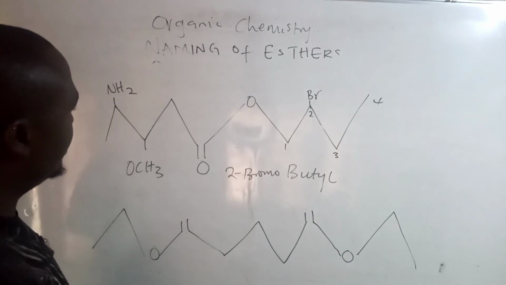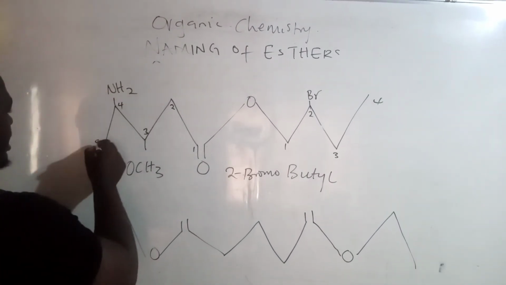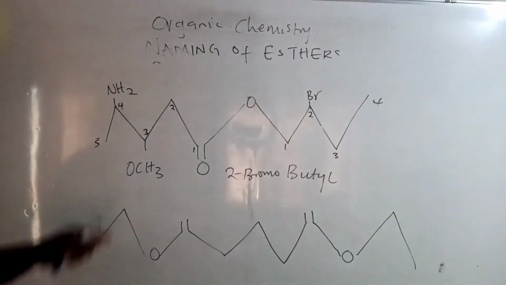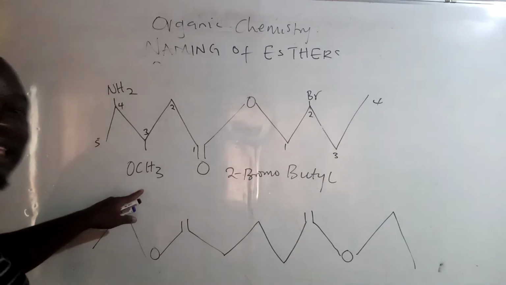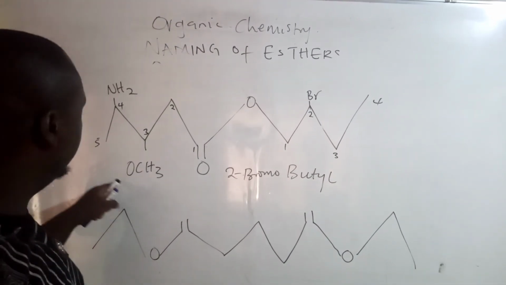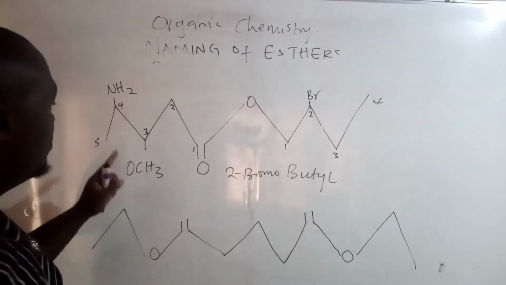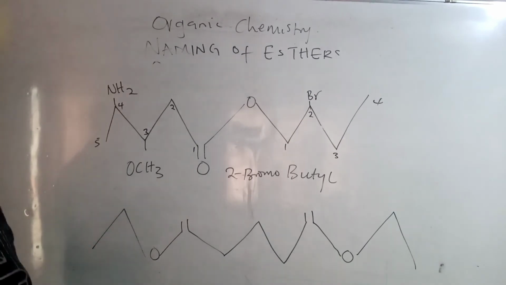Now coming to this side, we have 1, 2, 3, 4, and 5, right? So at 4 we have the amino group. Now this group is the ether, not ester, ether. Methoxymethane you put here, but this is not what we want. This is the ether group. So we have to also name it.